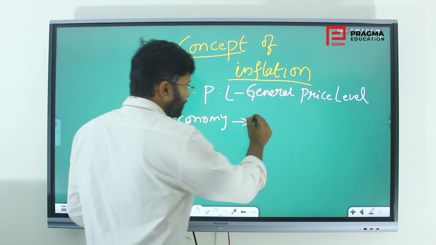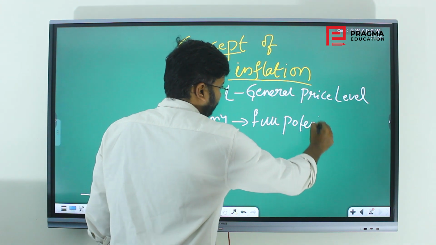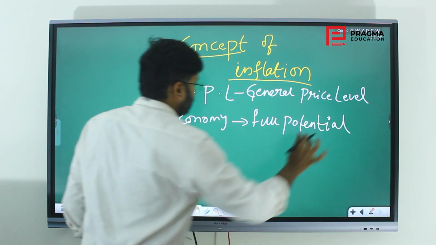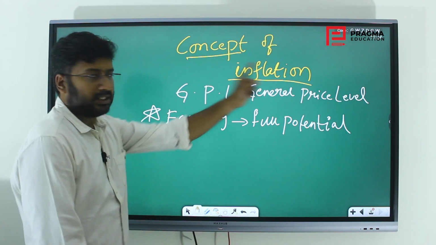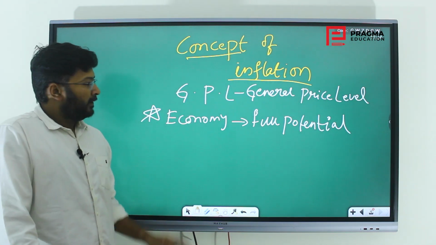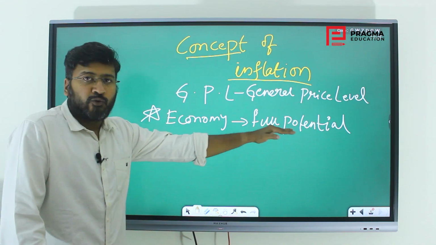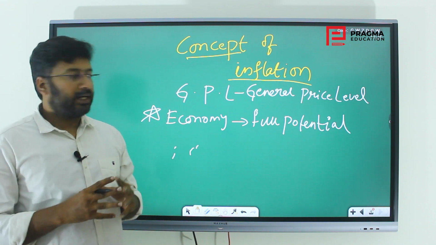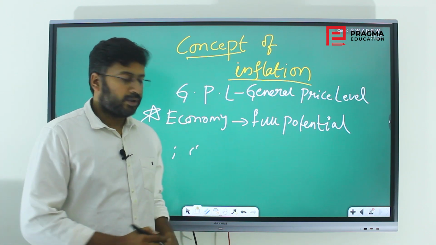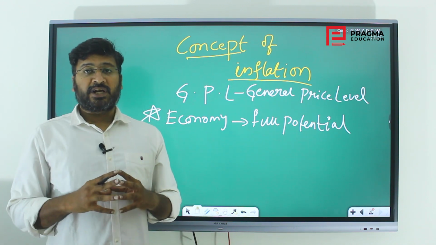When an economy is working at its full potential, so this is a precondition to defining the general price level. So what should happen? The economy should be working at its full potential. That whatever employment that economy will be able to create, that must be created, and it must be working at its full potential.